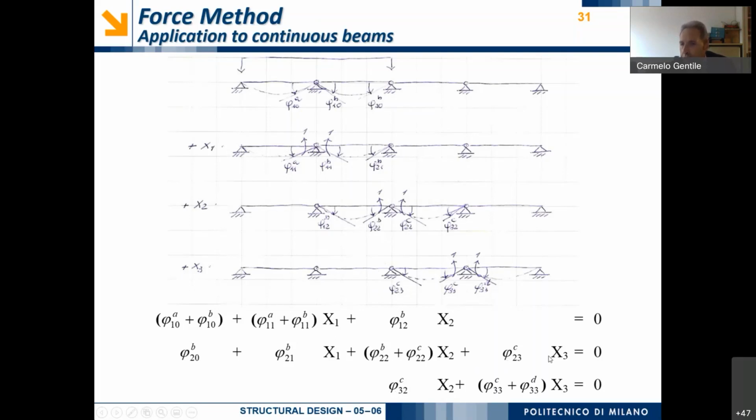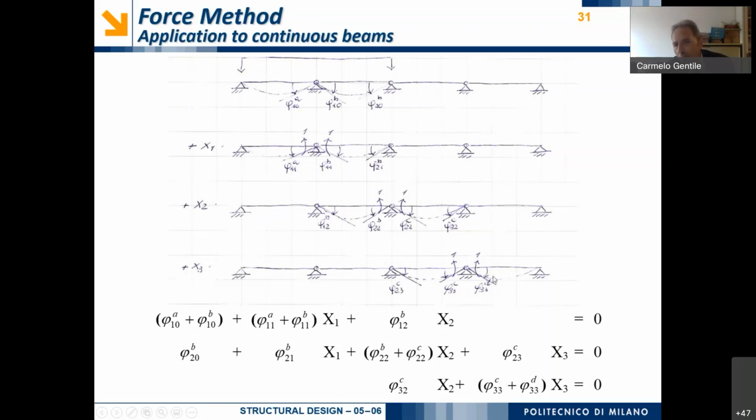So x3 times phi23C, and also corresponding to this second intermediate support, the summation of all the rotations highlighted through the superposition principle needs to be equal to 0.